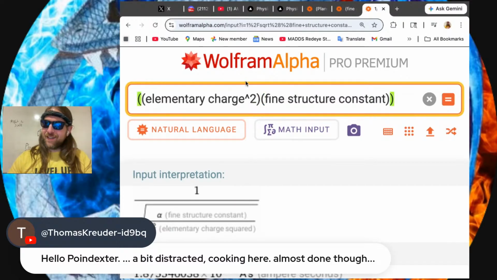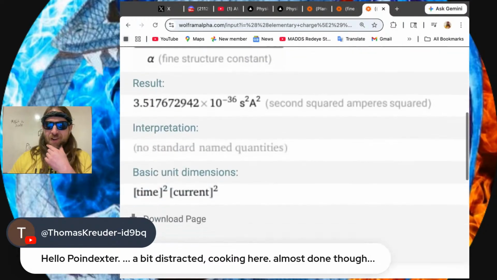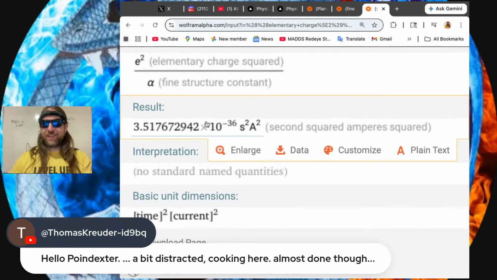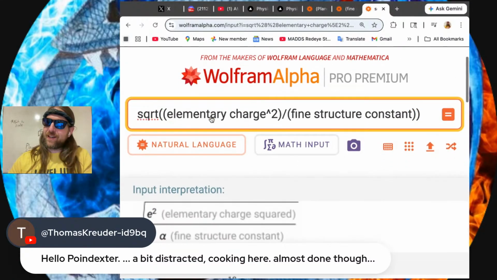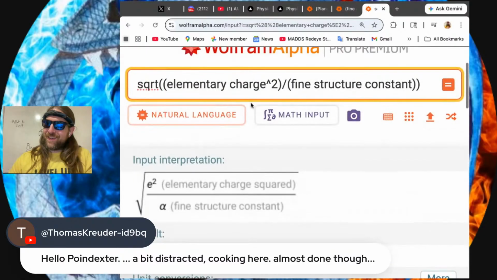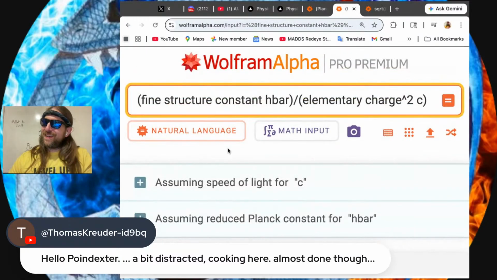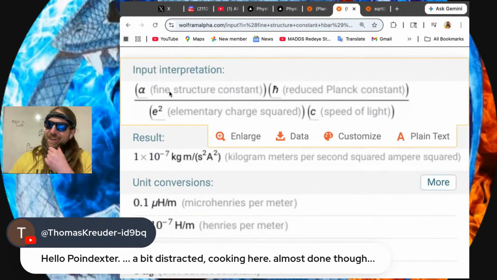All right. Okay, so this gives us the Planck charge squared because it's times 10 to the minus 36. Planck charge is to the negative 18th power. There we go. All right. This is interesting. Fine structure constant. All right.